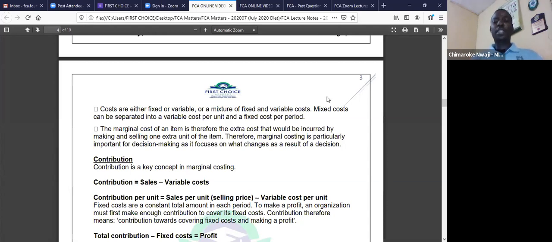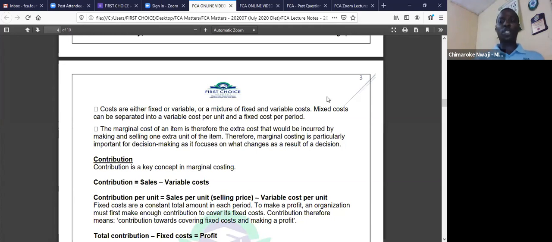One of those techniques is called the high-low method, which you will learn soon. And the other one is the regression analysis method. So when a cost is neither fixed nor variable, you can use those methods to extract them.